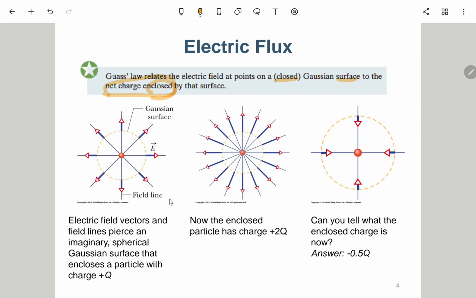I sometimes repeat many times and students still do not understand, so let me go through it. Here on the left figure we have an orange circle called the Gaussian surface. In this textbook, Gaussian surface and closed surface mean the same thing.